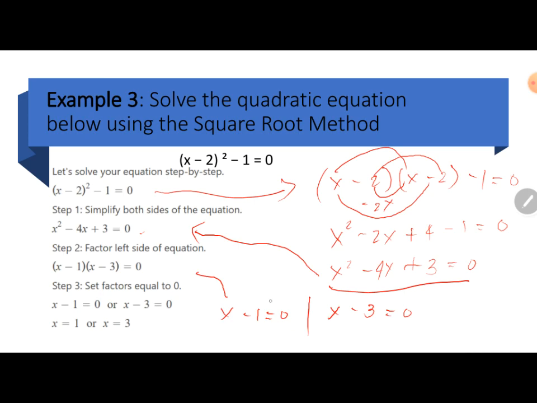Now, transposing the terms, we have x equals 1 and x equals 3. And that would be our answers.